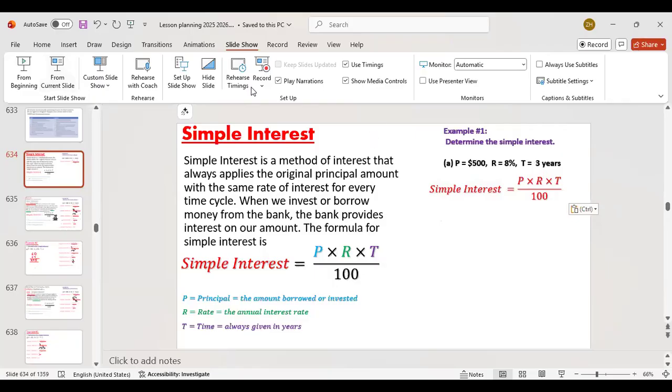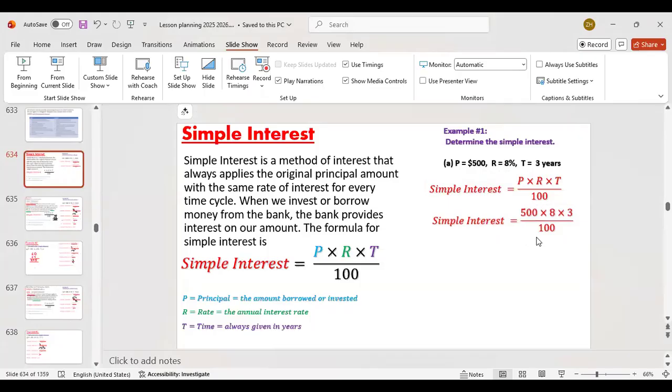Years. How many years? 3 years. So let's go ahead and do a simple substitution. P is 500, R is 8, T is 3. All right, so that's our substitution.